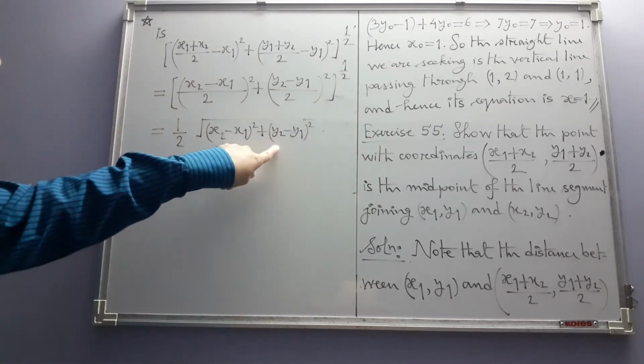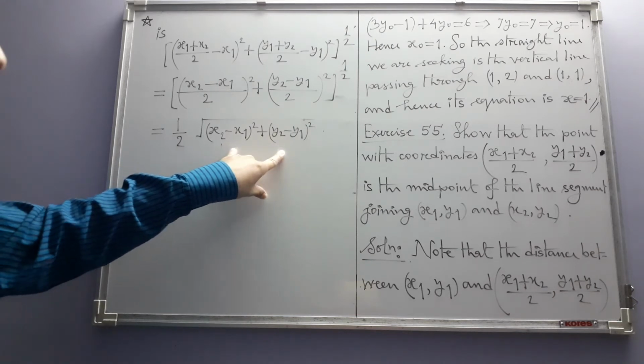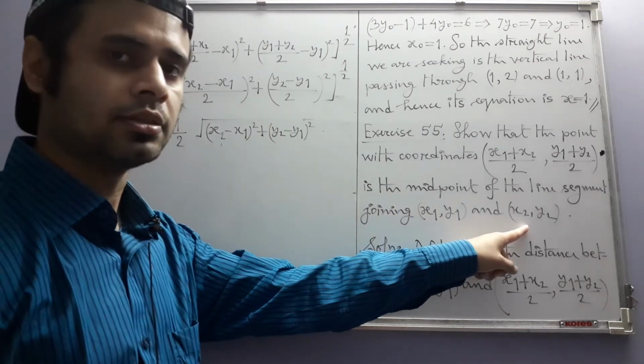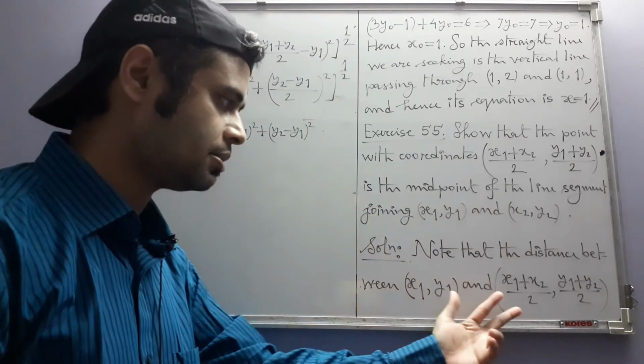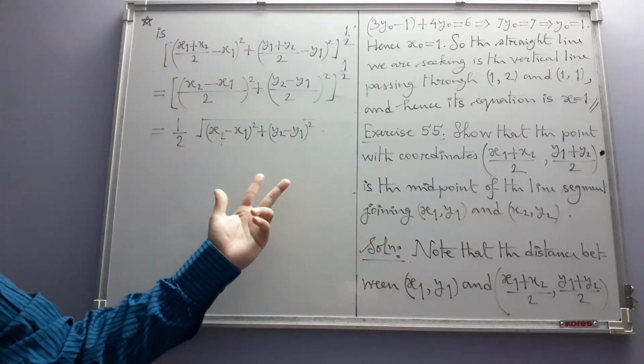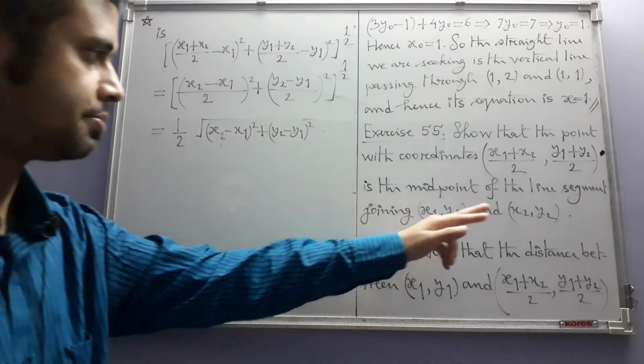And note that this is nothing but the distance between this point and this point. So the distance between this and this is half the distance between this and this.